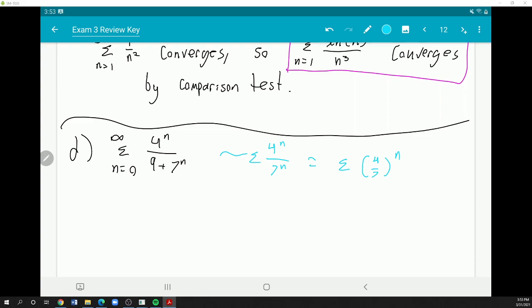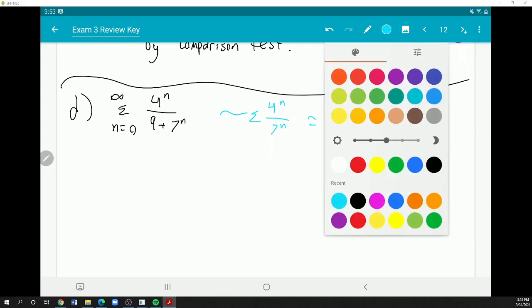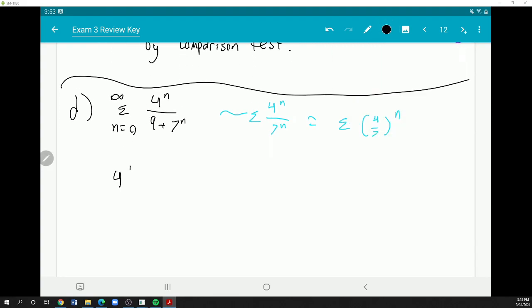And even better, I can do the same trick I did last time. 4 to the n over 9 plus 7 to the n is just less than 4 to the n over 7 to the n, right? Adding 9 makes the bottom bigger. Divide by something bigger, you get something smaller.